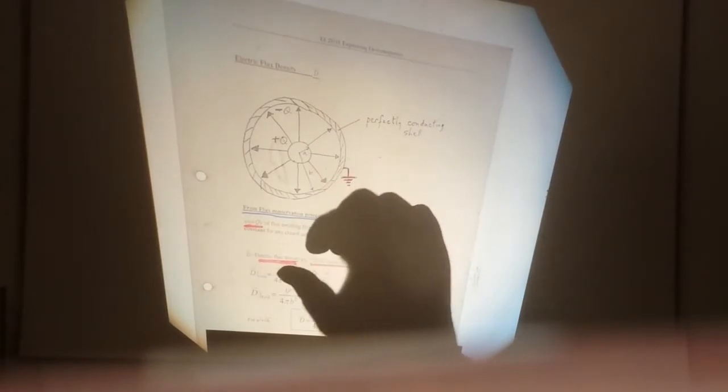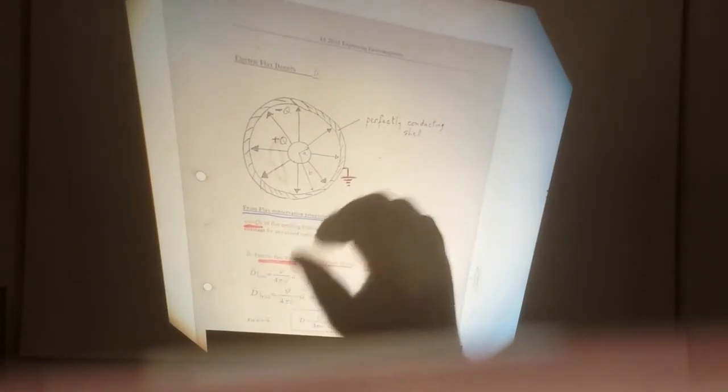So for any arbitrary distance R greater than A and less than B, it is Q over 4 pi R squared. So this idea of flux being the same as charge, you can see it is very easy.